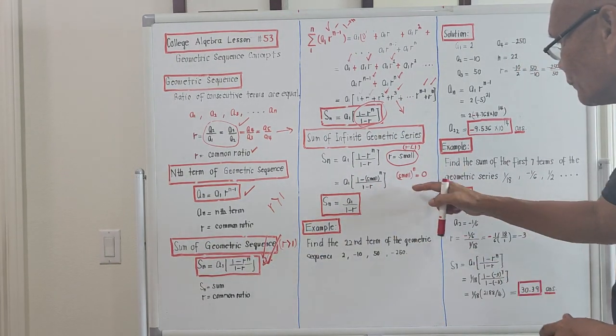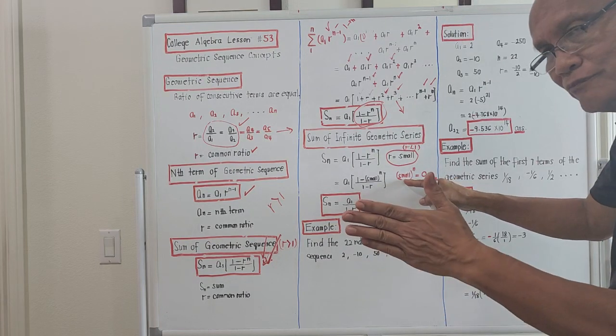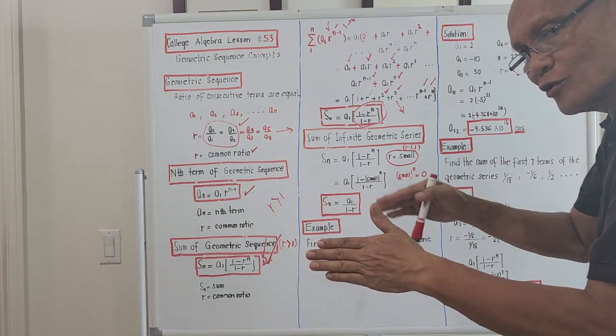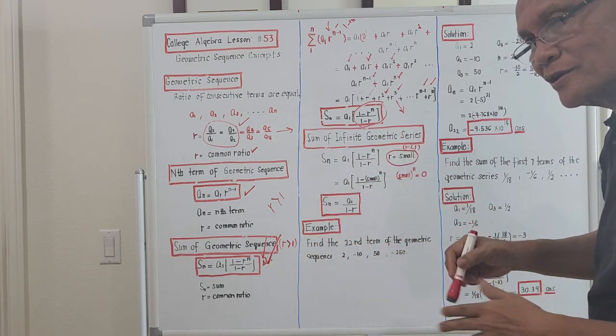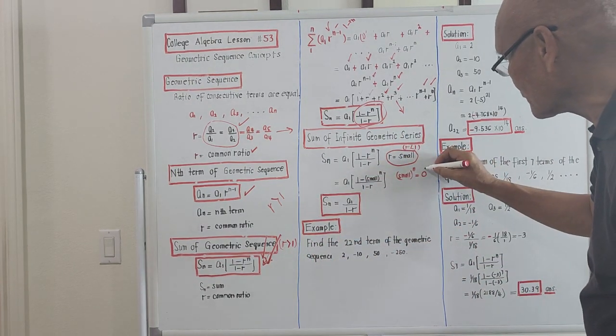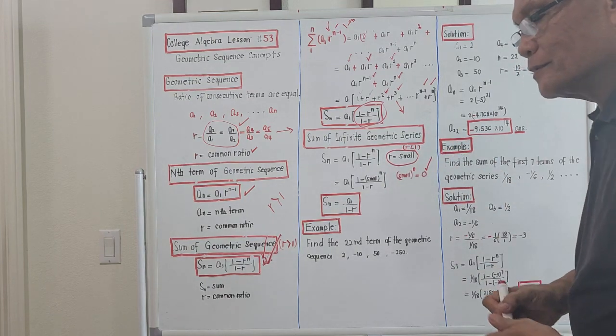Whether we like it or not, if the number inside is very small, raised to a very high value, the value is almost approximately equal to 0.